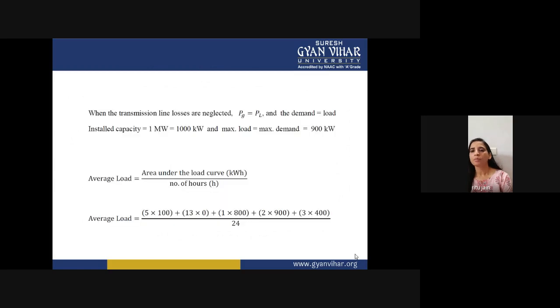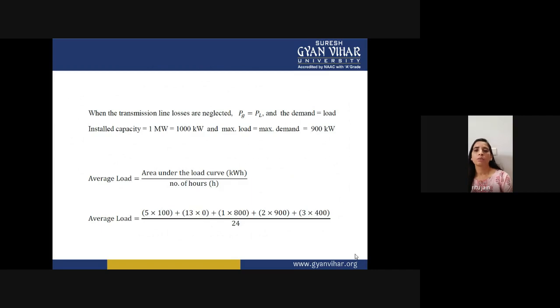Now, in this calculation we will neglect the transmission line losses. So generation is equal to demand, and the demand is equal to load.